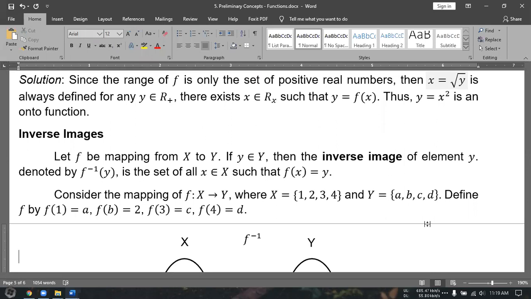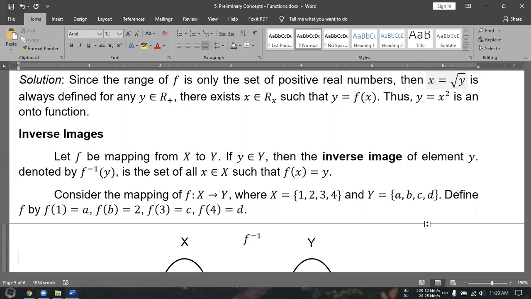If y is an element of y, then the inverse image of y, denoted by f raised to negative 1 of y, is a set of all x element of x such that f of x is equal to y.